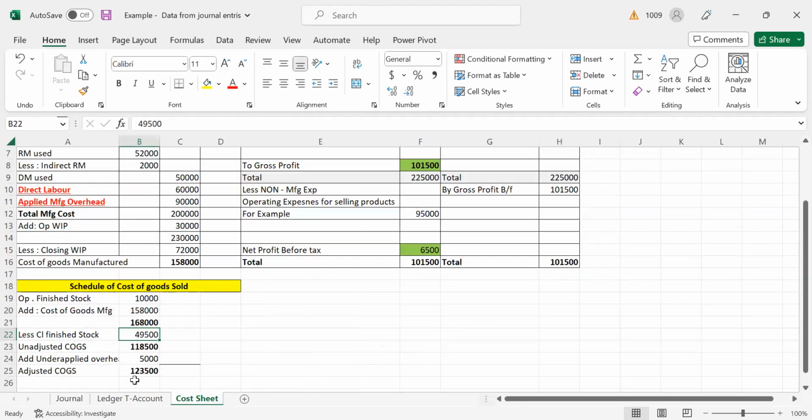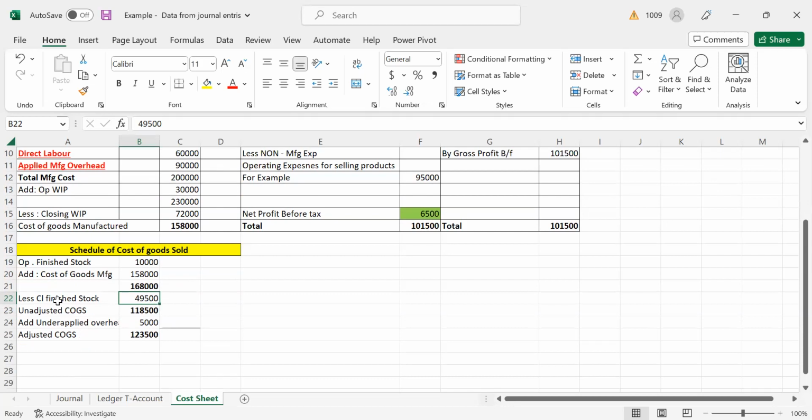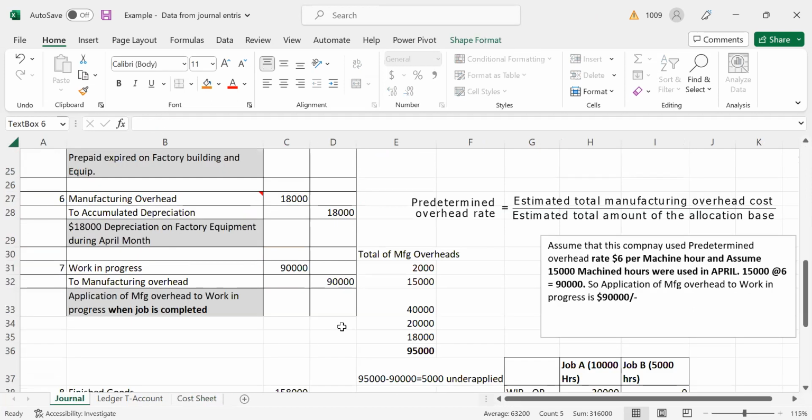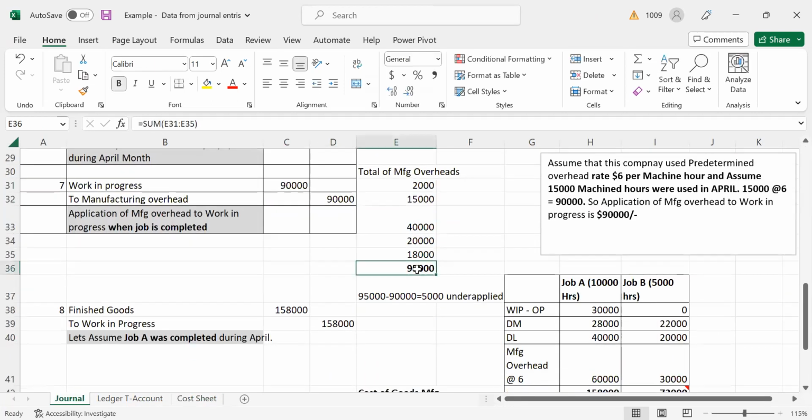And this was the closing balance. Okay, so now here we found that less closing stock, and we have this unadjusted cost of goods sold. Why unadjusted? Because that 5,000 we have calculated: 95,000 was the actual expenditure, and applied was 90,000, right?